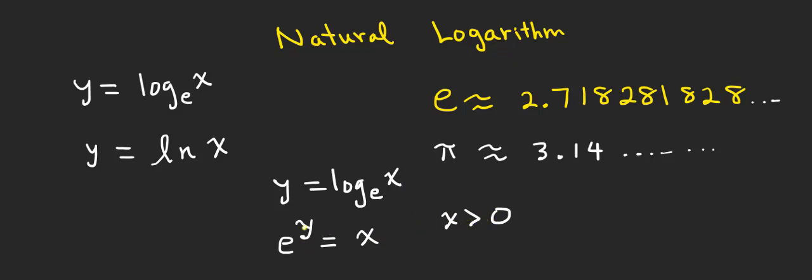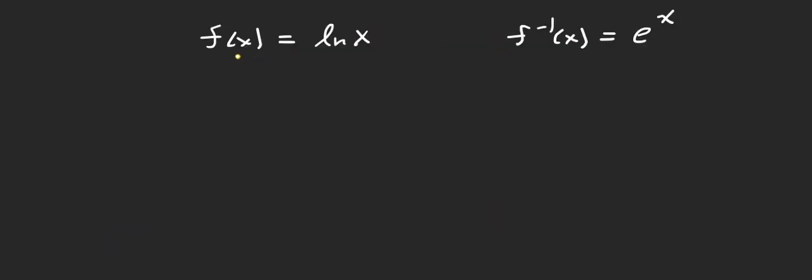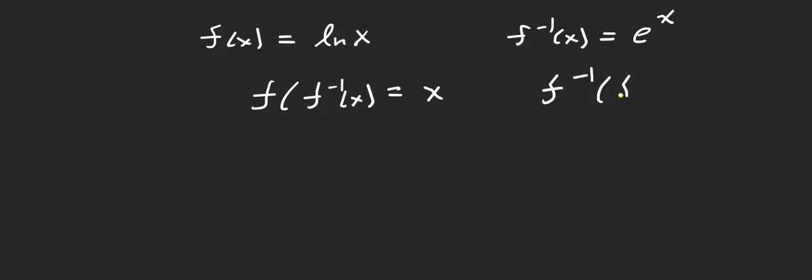So these are inverse. Y equals natural log of x and y equals e to the x. These two are inverse of one another. And since f of x equals natural log of x is inverse of e to the x, remember when you have f of f inverse of x is equal to x, and f inverse of f of x is equal to x.